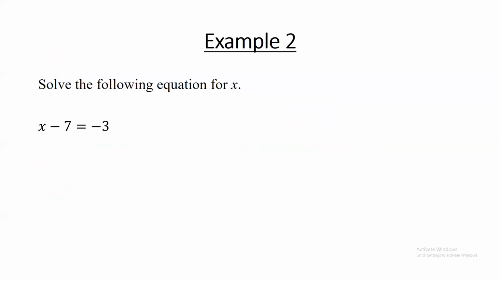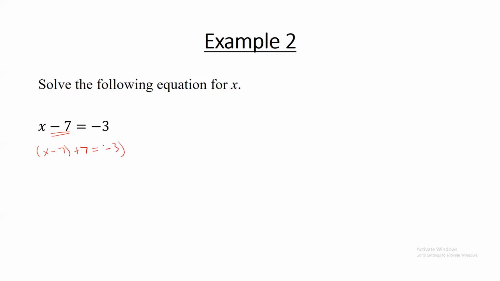X minus 7 equals -3. So what is happening to x? Well, 7 is being subtracted from x. Well, what's the opposite of subtracting 7? Well, adding 7. So what we want to do is add 7 to undo the subtraction.